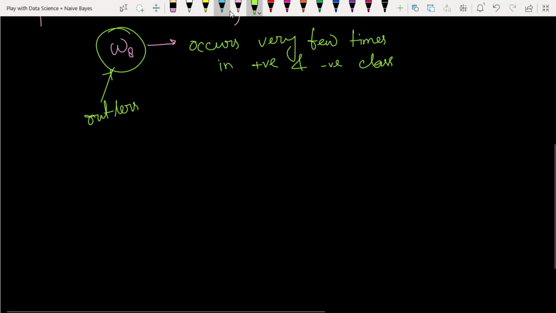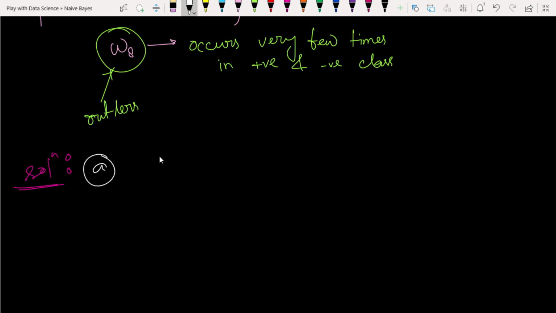There are simple solutions for this; you can call it a hack. There are two types of solutions, so let's discuss them one by one. Suppose a word wj occurs fewer than a threshold value in our data corpus.